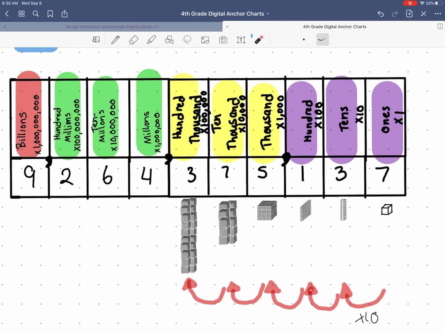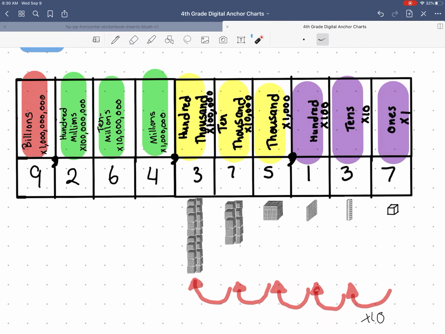Well, how about from the tens place to the hundreds place? 10 times. That's right. From the hundreds to thousands is 10 times. It takes 10 of these to make this nice little looking cube.